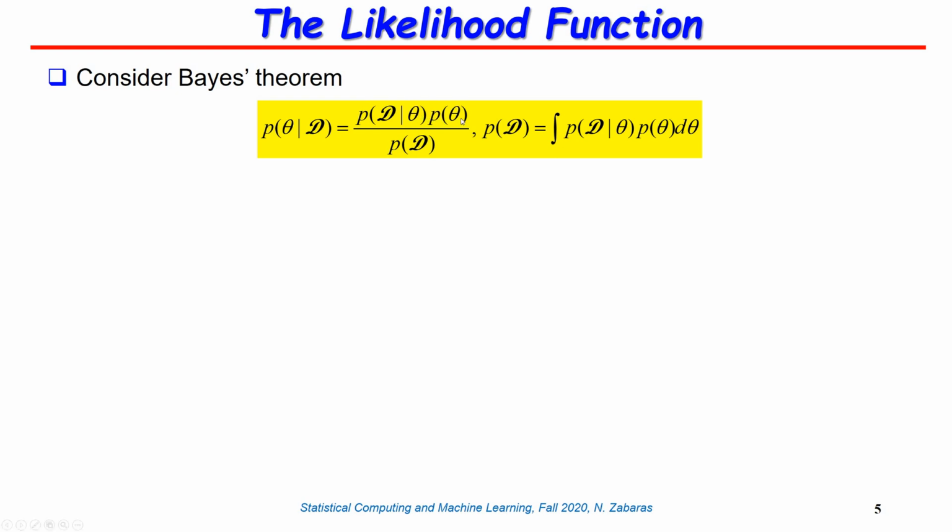This distribution pi of theta that you see here is what we call the prior model on the parameters. So it's a probabilistic assumption on the parameters before we see any data. All right, so what we have here is the posterior equal to the likelihood times the prior, and the denominator I'm not going to bother with in this lecture.